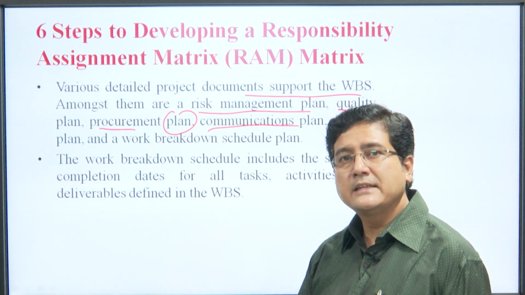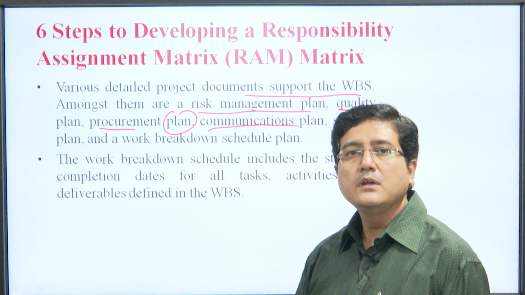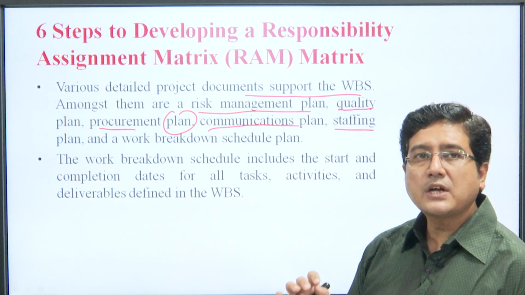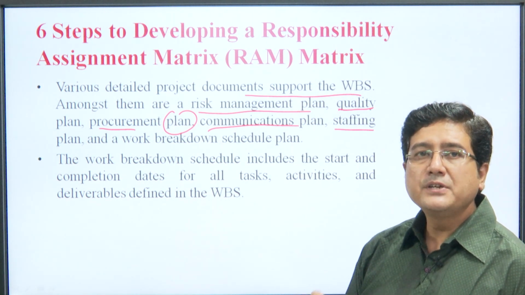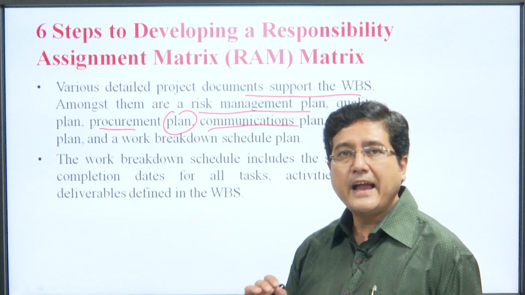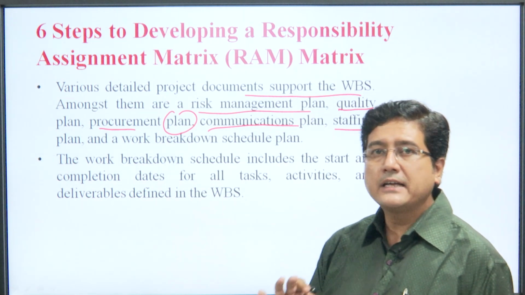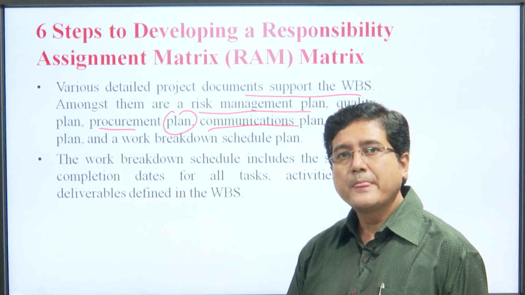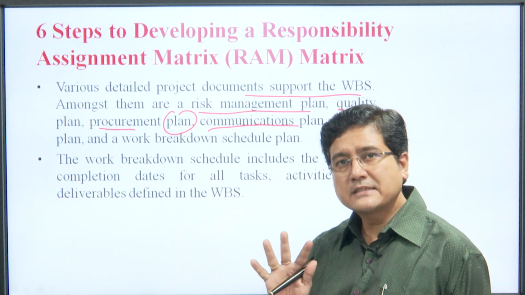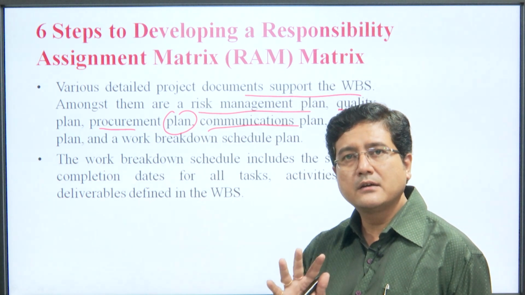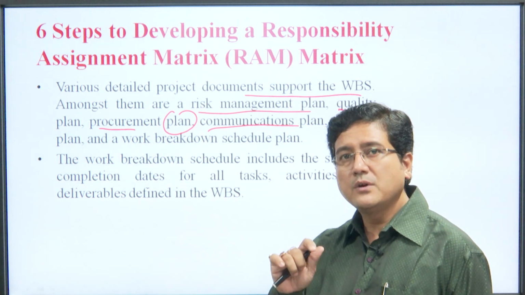before assigning the RAM. The work breakdown structure schedule includes start and completion dates for tasks, activities and deliverables defined in the WBS. As we studied in the WBS last time, we assign things at the proper time, on a proper schedule.